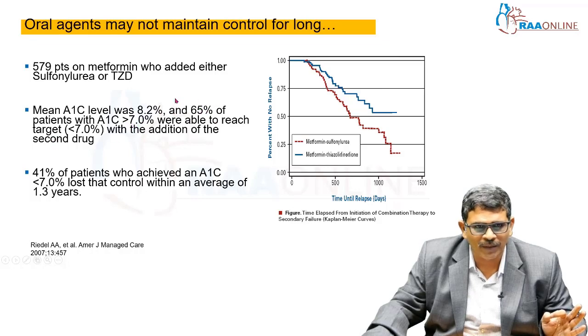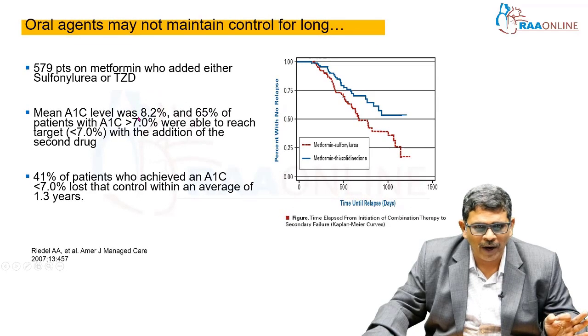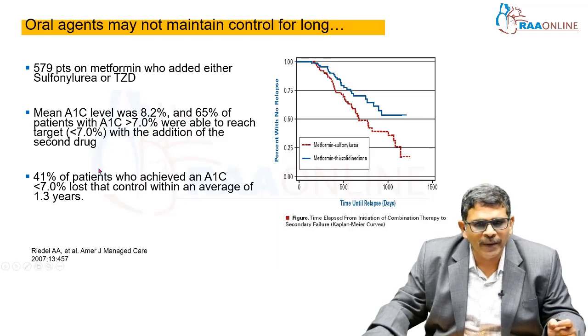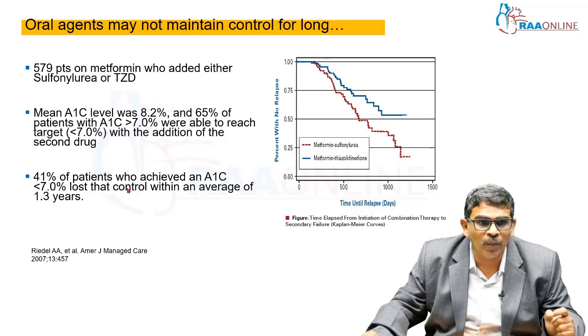The mean HbA1c was 8.2%, and 65% of the people were able to reach a target HbA1c of less than 7 with the addition of a second drug, like Mr. John, who was on a higher dose of metformin, was added on a sulfonylurea, and had his HbA1c brought to less than 7. But what this trial particularly showed is that 41% of the patients who achieved an A1C of less than 7 lost that control within an average of 1.3 years.